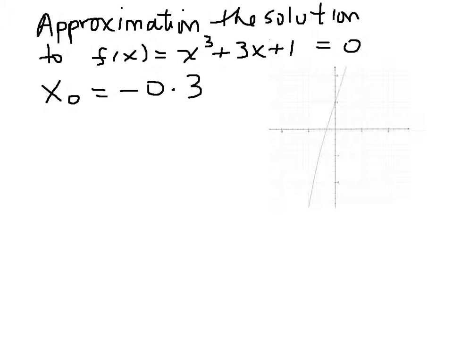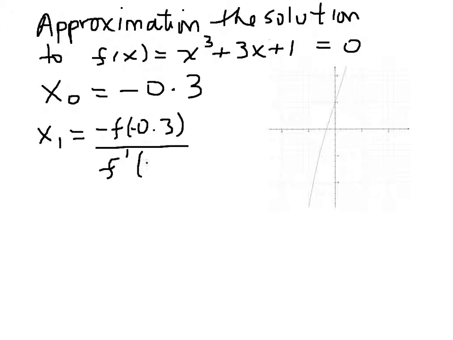And I want to get my next guess. So using the formula, my next guess is equal to minus f of minus 0.3 over f prime of minus 0.3 plus minus 0.3.